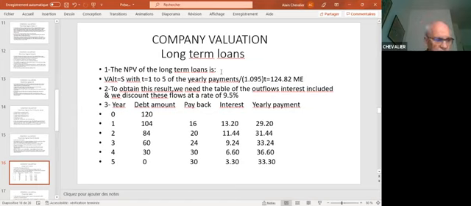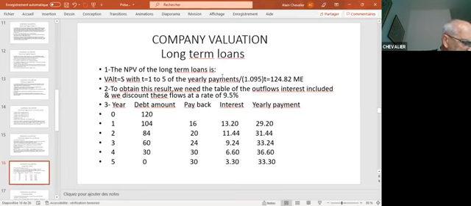So this is the structure you will obtain here. And when we make the calculation, we discount all these payments, which are in the right column.